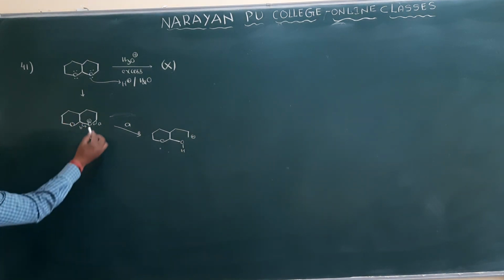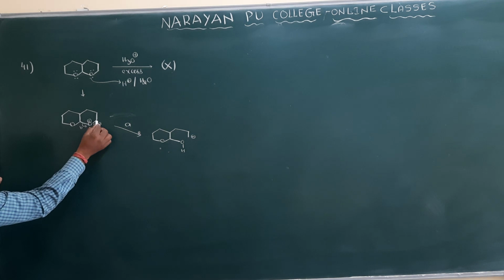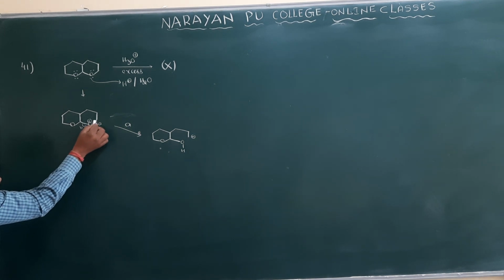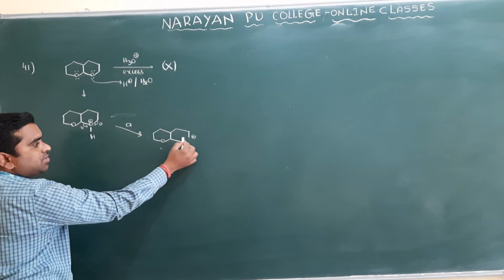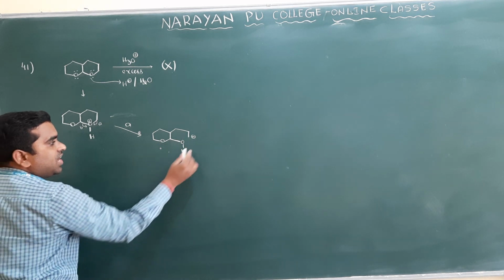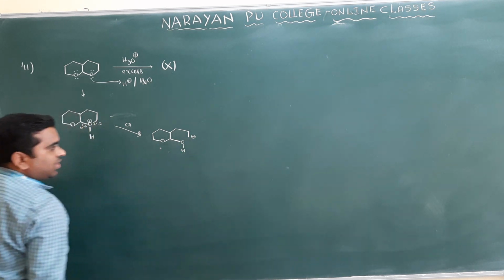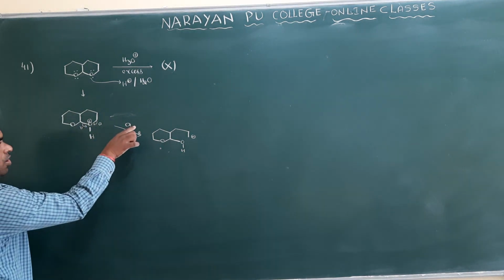This carbon is losing electrons, oxygen is gaining electrons, so the oxygen gets the negative charge, the positive charge is already neutralized, and this is the product if bond A breaks.